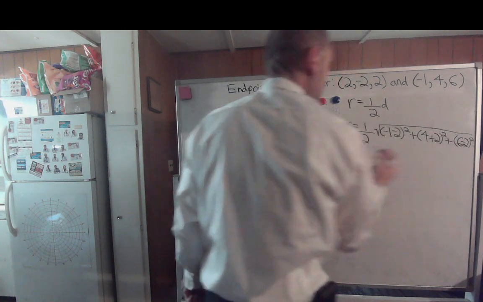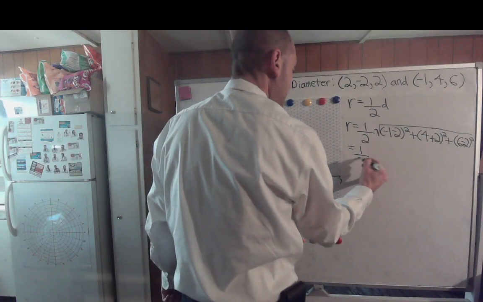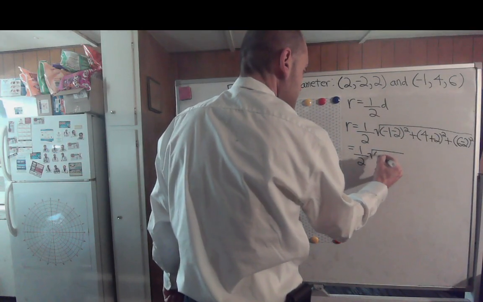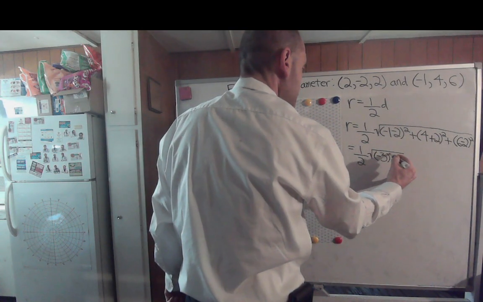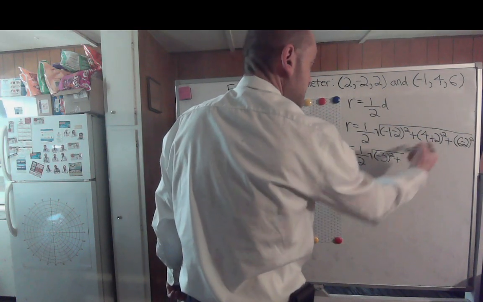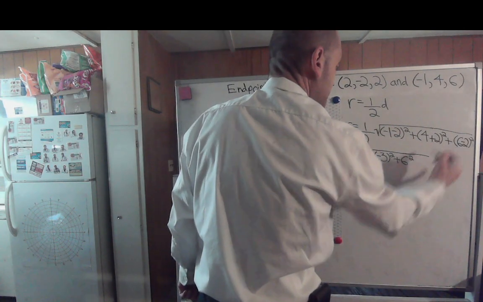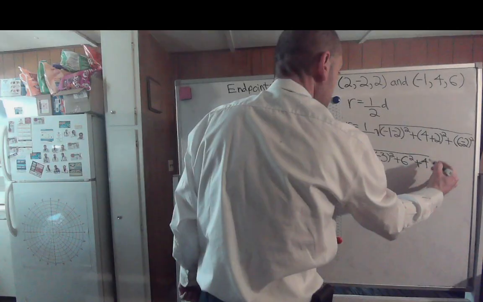Just take the square root of all that, so this would be equal to half of, if we simplify this, -1 minus 2, that would turn into -3 squared, plus that 4 plus 2, that's 6 squared, plus the 6 minus 2, so that turns into 4 squared.